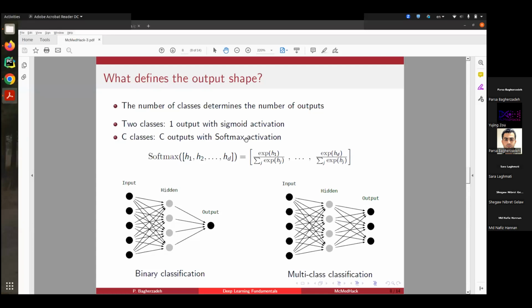But for now, we are turning our attention to classification. So in a classification problem, what defines the shape of the output, or the number of outputs? Actually, the number of classes that you are interested in defines the shape of the output.